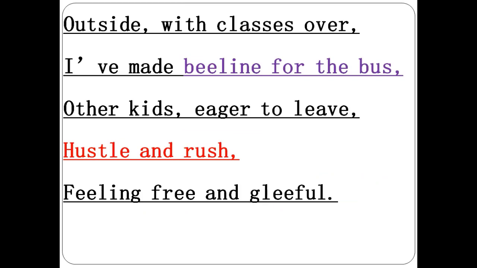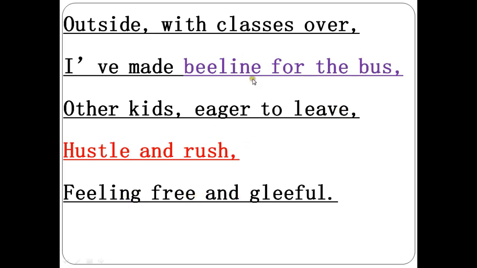Now here are the exact words from that poem, so you would have a clearer and a better idea. Now look, these are exact words from the same poem. The first one: Hey Nilda. Outside when class is over, I have made a beeline for the bus. Other kids eager to leave, hustle and rush, feeling free and gleeful.